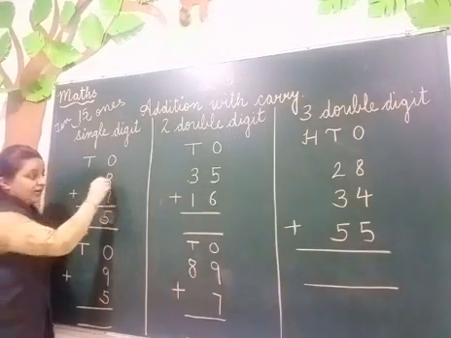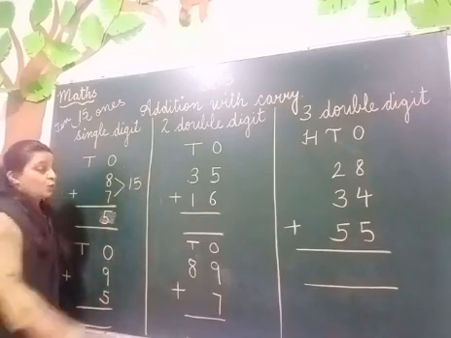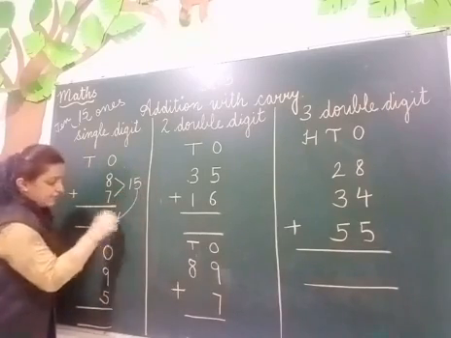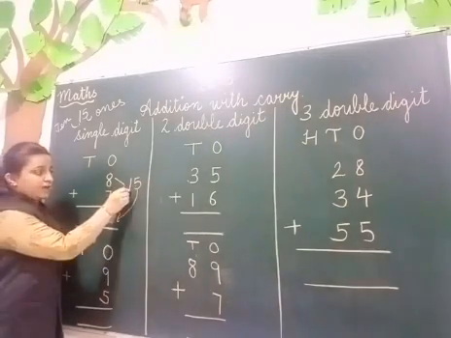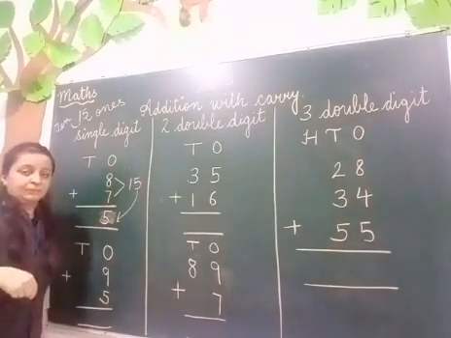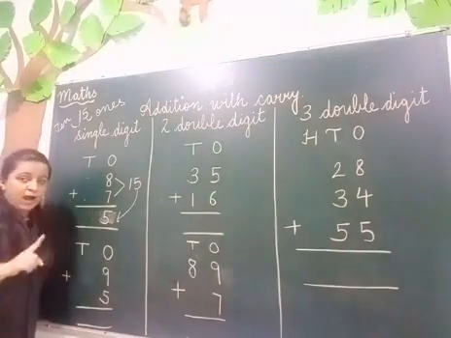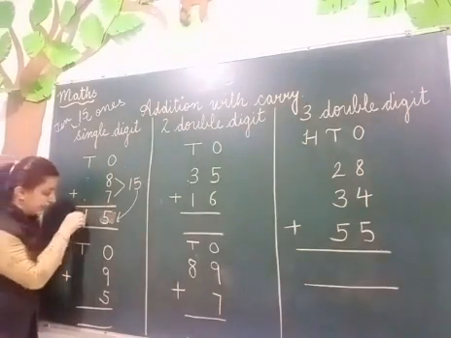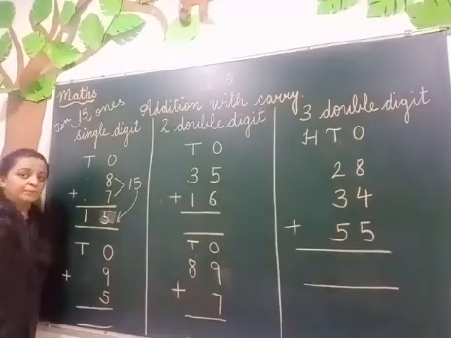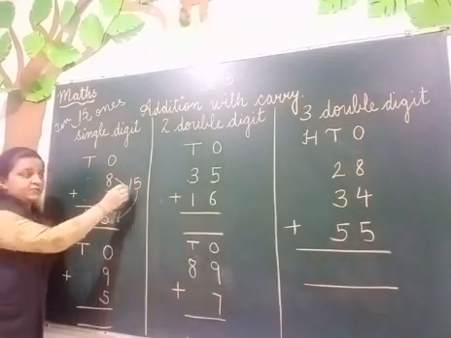Yes, जो 8 plus 7 का हमारा 15 आया ना, yes, उसका 5 हम 1's place पे लिखेंगे and this one will go to the 10th place as carry. Okay, but in this I have no digit to add, तो इस one को मैम डायरेक्टली यहाँ लिखेंगी 10th place पे. Okay, getting 8 plus 7 is 15.